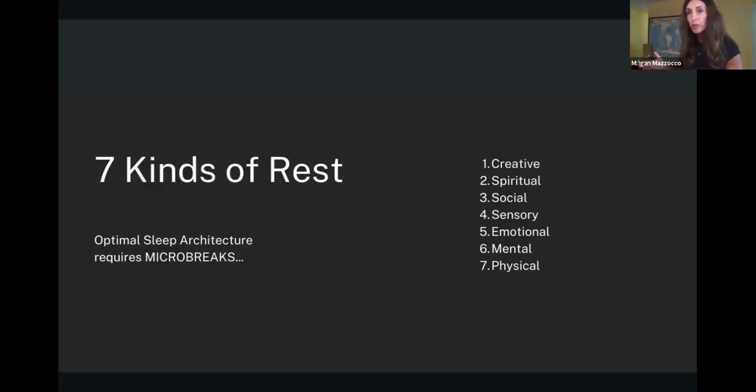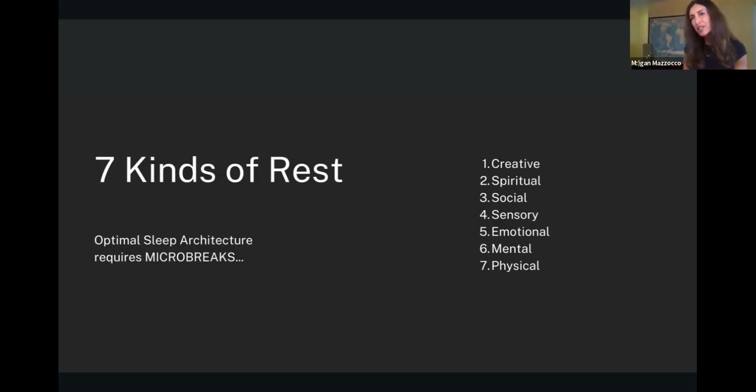Some relationships and social events and people really fill us up and leave us energized, and other relationships are really draining. So it's up to us to pay attention to which ones are uplifting and energizing and which ones are draining, and then really act accordingly, even in your life's work.